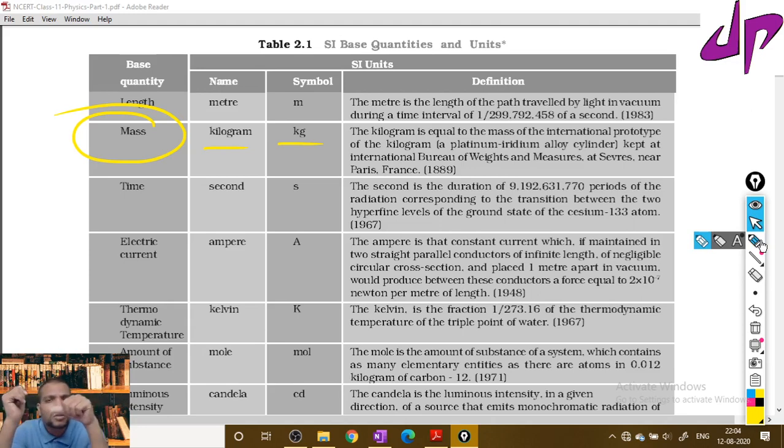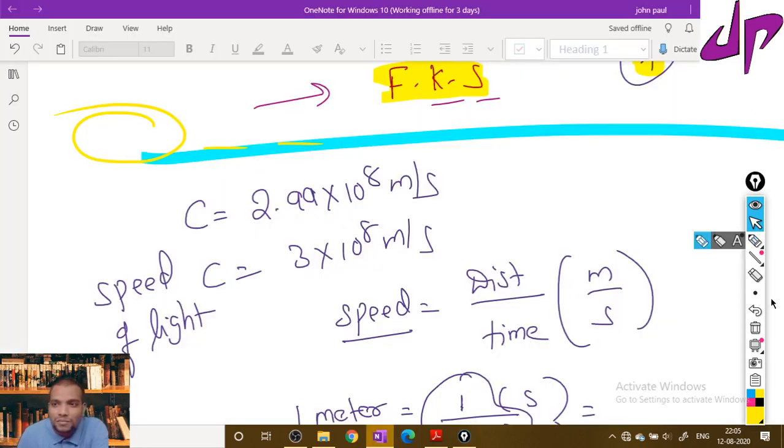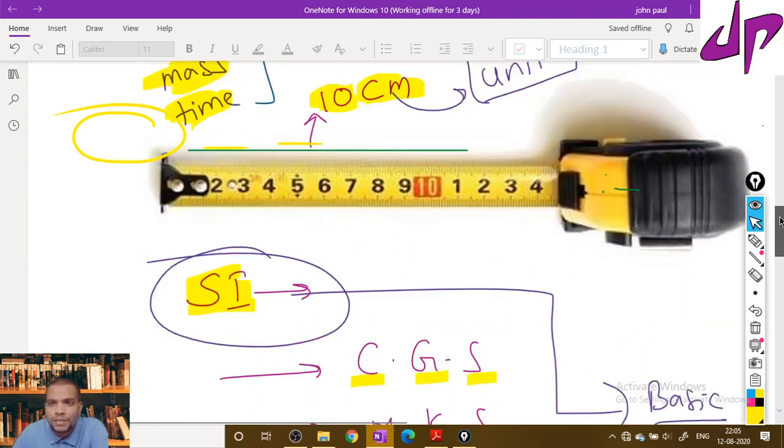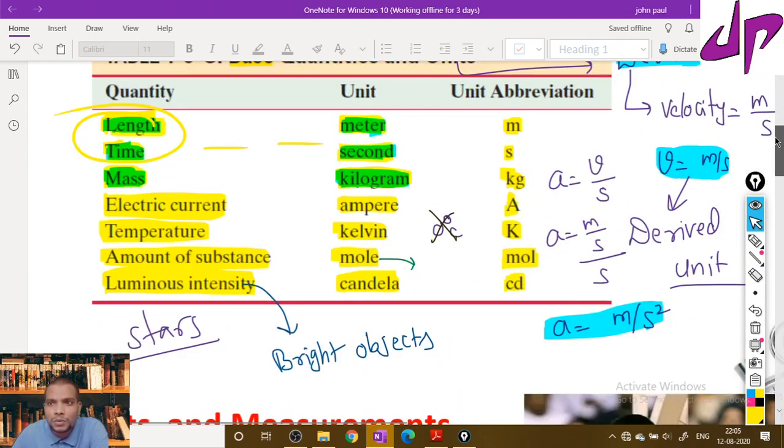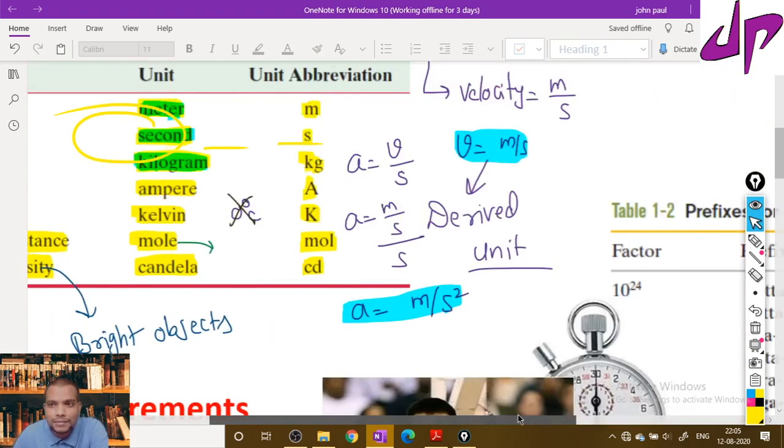Suppose you want to take 1 kilo of tomatoes, they keep 1 kg standard stone. That is a very basic standard unit.